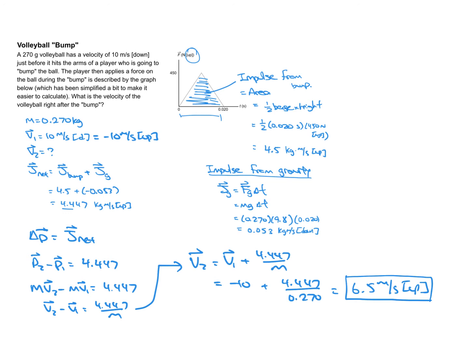Okay, I wonder what the answer would be if I calculated without gravity. What if I just ignored gravity and just used 4.5 here, only the impulse I got from the graph? Can I recalculate that?